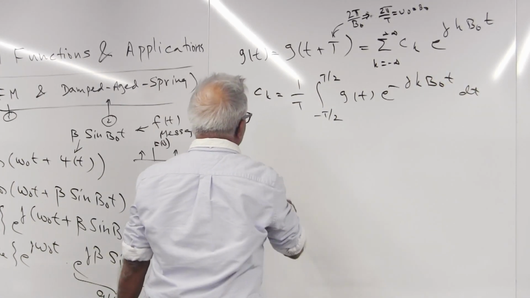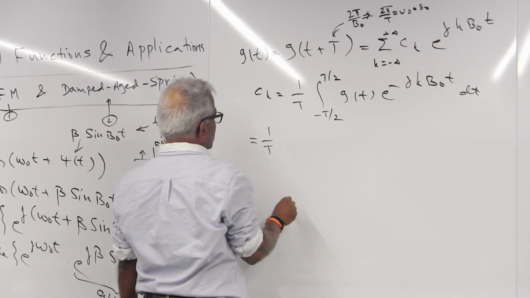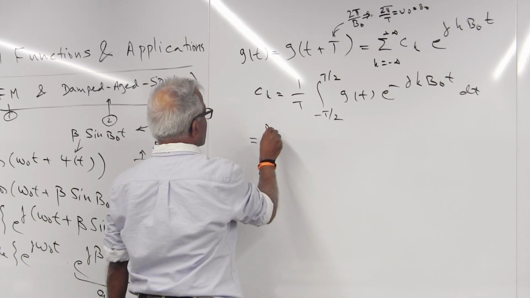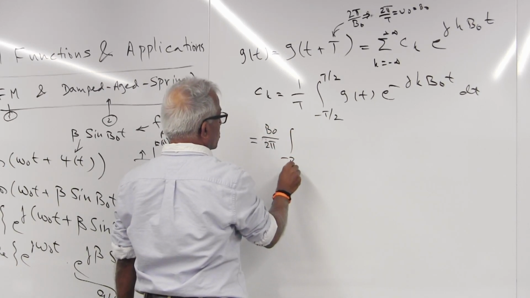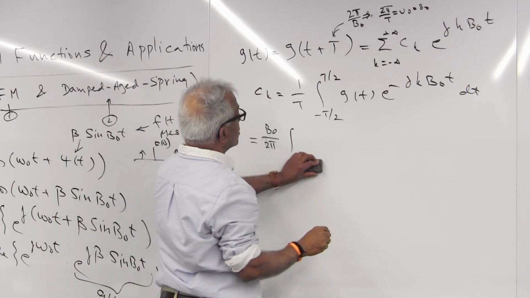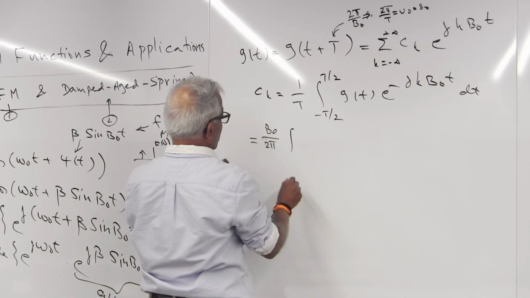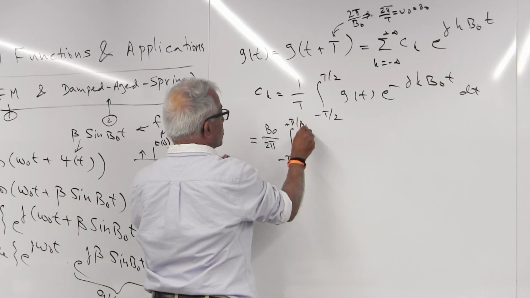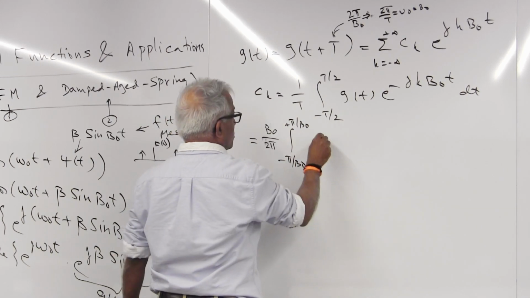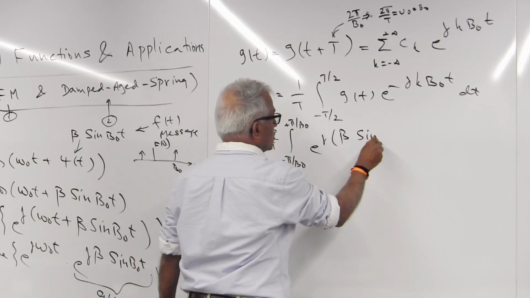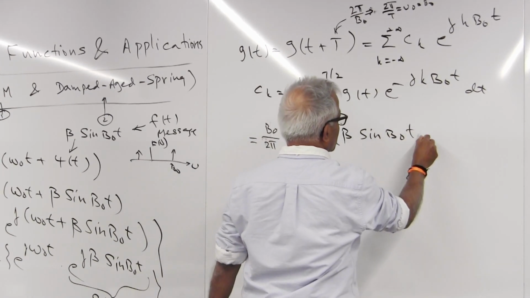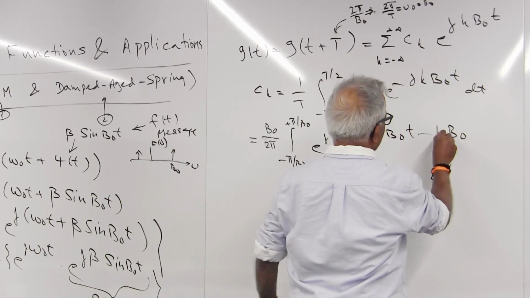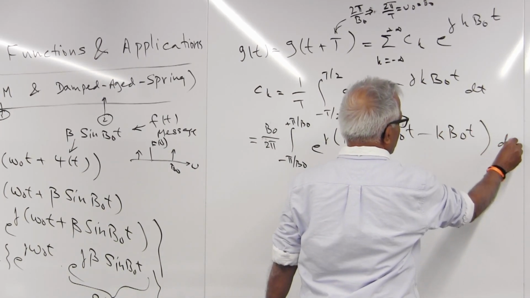So let me substitute for g t. That's 1 over T, where T is 2 pi over b naught, so b naught over 2 pi, integrated from minus pi over b naught to plus pi over b naught. g t is e to the power j beta sine b naught t, times this term, minus k b naught t, dt.